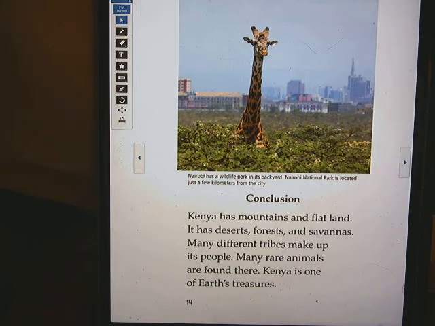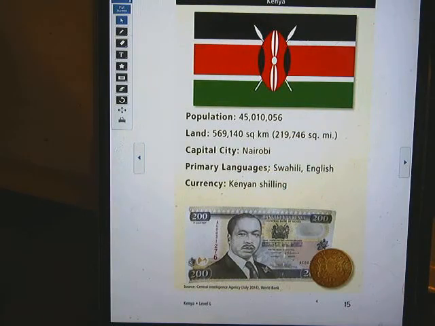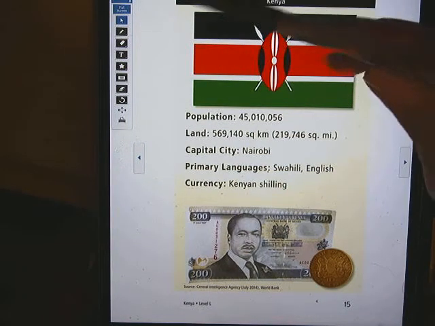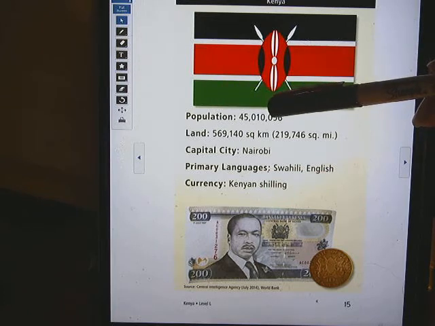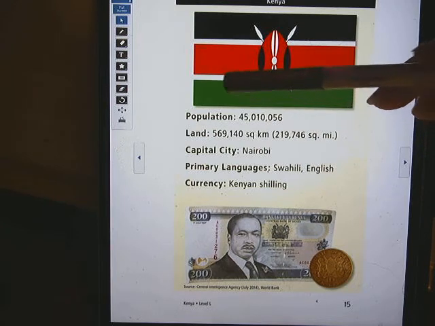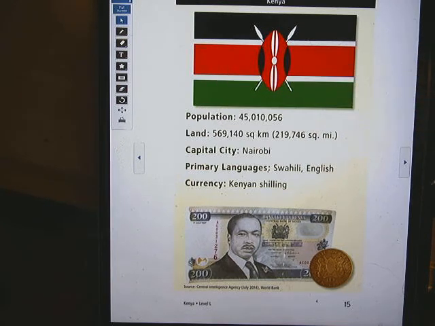All right, so we're on this page here in Kenya. Right here is its flag. The population is 45,010,056. The land size is 596,140 square kilometers, or 219,746 square miles.